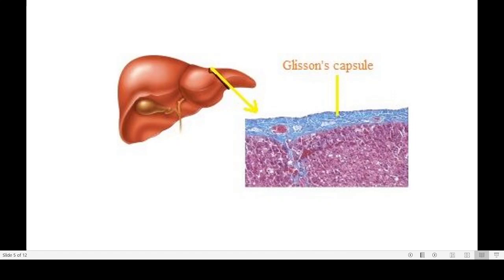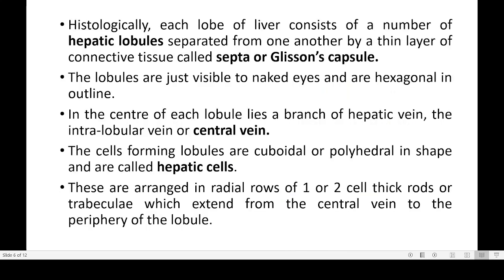Here you can see this is one lobe of the liver and this is another lobe, and each lobe is separated from the other by a capsule-like covering called Glisson's capsule, otherwise known as septa, a thin layer of connective tissue.